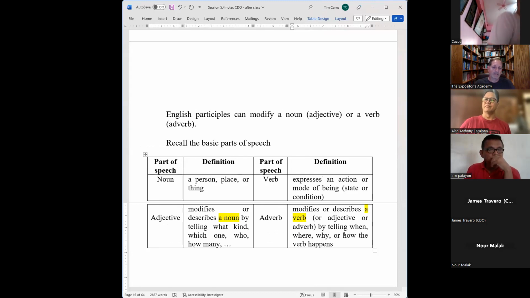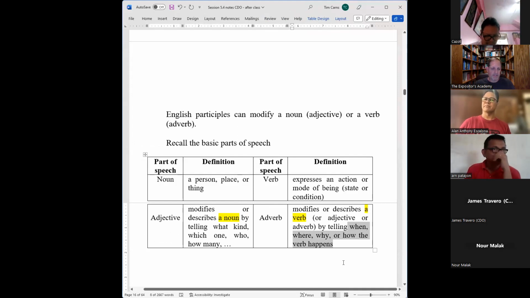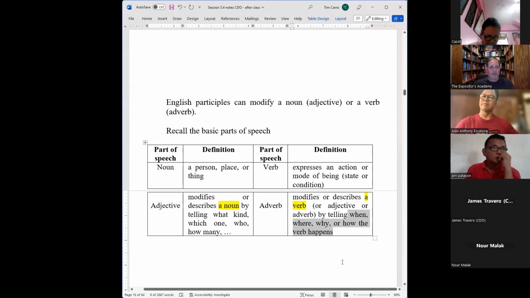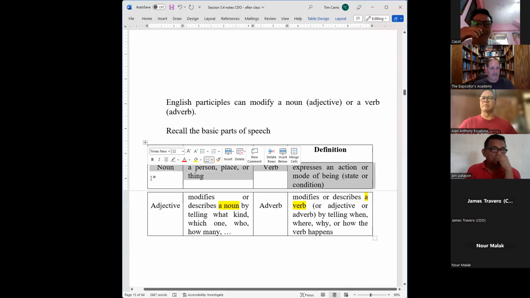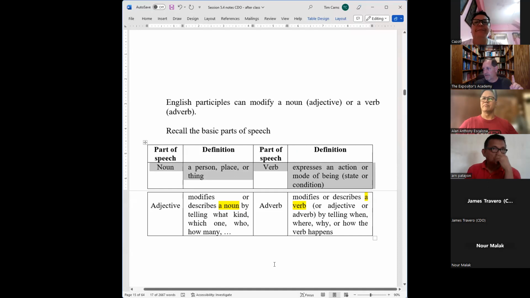And they answer these questions: when, where, why, how. Remember we talked about those in class? So a participle can act like an adjective or an adverb. A participle does not act like a noun, and it doesn't act like a verb. It doesn't act like either of these, but it can act like an adjective or an adverb. Okay?